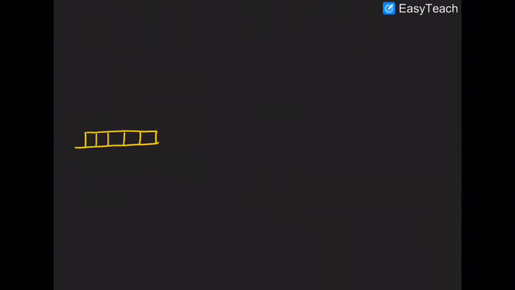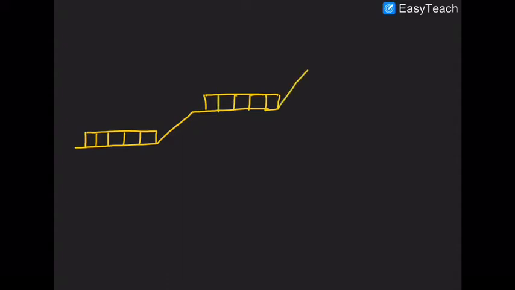Now here what will happen? It will first get excited and then it will split into two parts. The lower level is the t2g level. The higher level is the eg level.